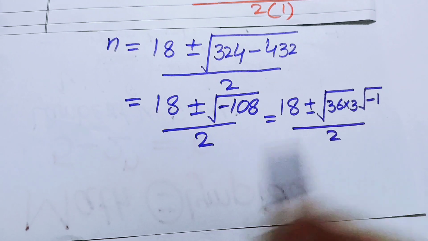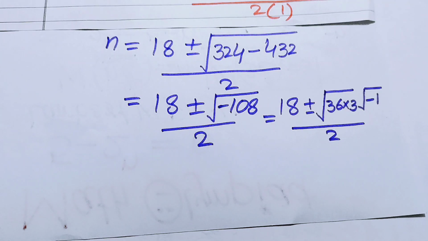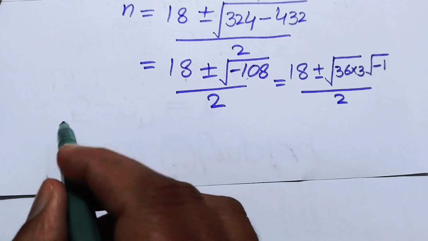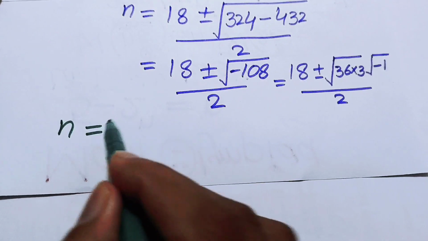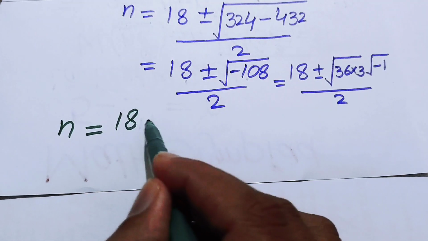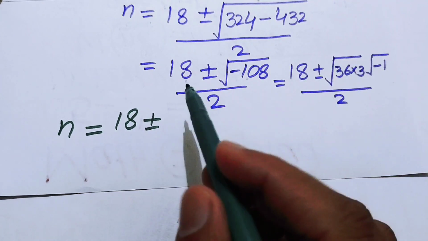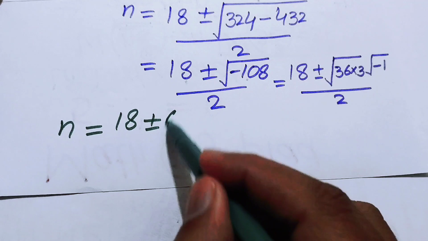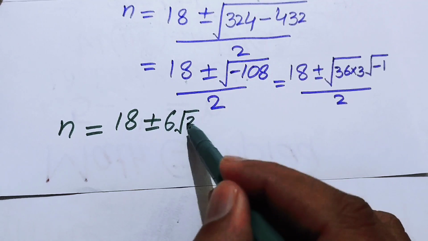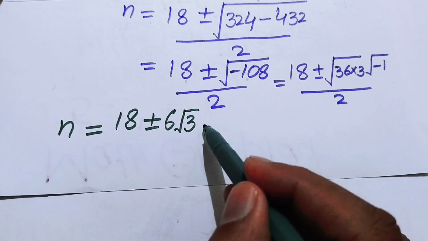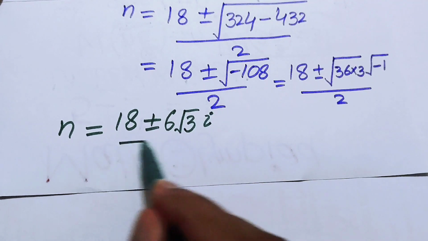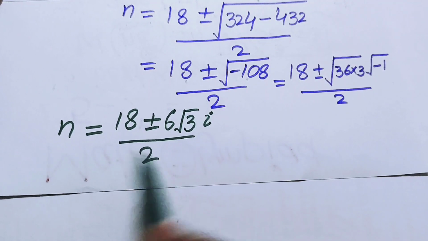So in the next step we will make a little bit of simplification again here, and you see that we have n equals 18 plus minus we have 36 square root. So you know that the square root of 36 equals 6, into square root of 3, and the square root of minus 1 equals iota, and this whole over 2.